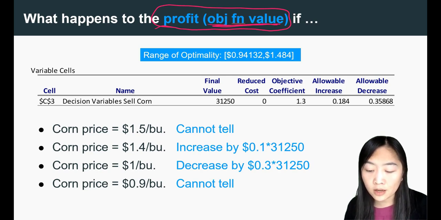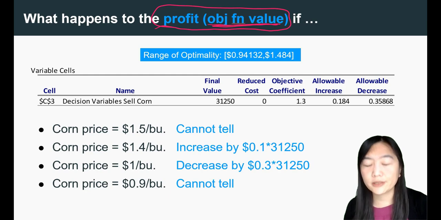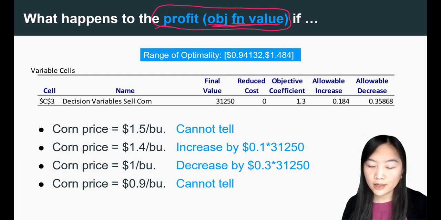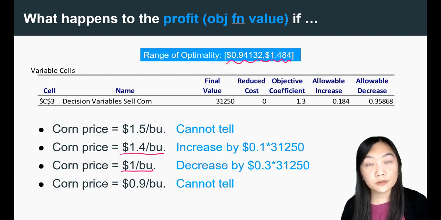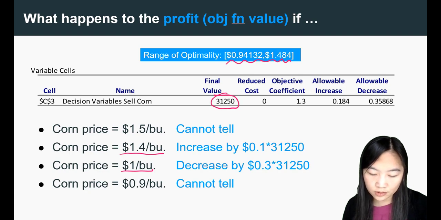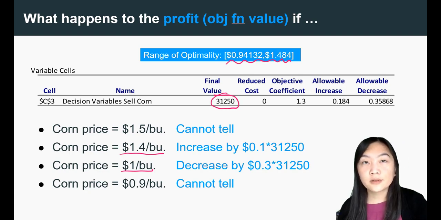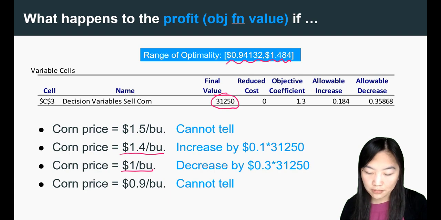So this is not the optimal solution. This is the objective function value. Then you can also answer what will happen to the profit. Those two values are within the range, so we know the optimal solution doesn't change. The corn that's going to be sold is still those amounts.